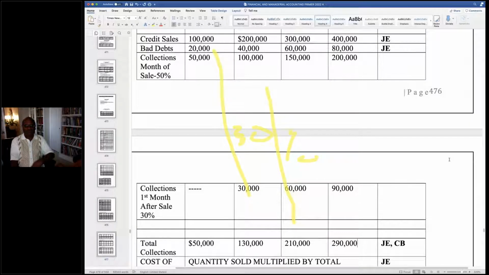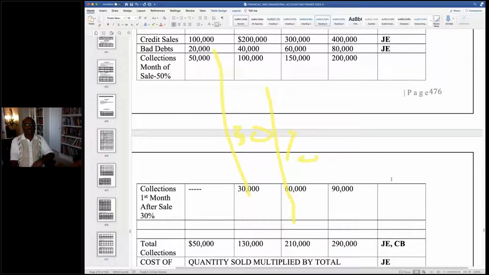Hold on. 50, 100, 150. Say that one more time. 50 and 0 gave us 50. Correct. 130 gave us 130. 150 and 60 gave us 210. 290 gave us 290. Tracking. Does that work? Yes, sir.